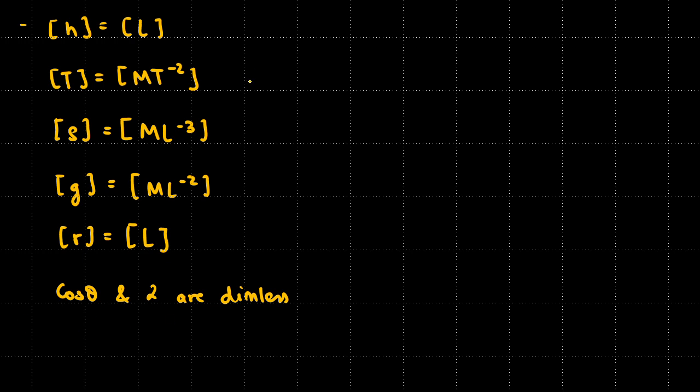Now let's check the dimension of the LHS and RHS, left hand side and right hand side, to see if the relation is correct or not. The dimension of LHS is the same as the dimension of h, which is just length.